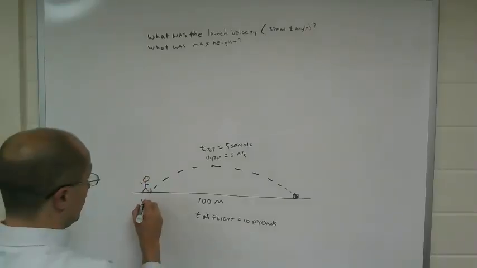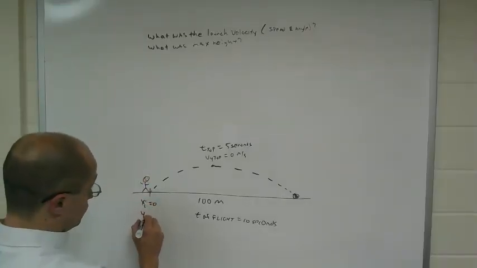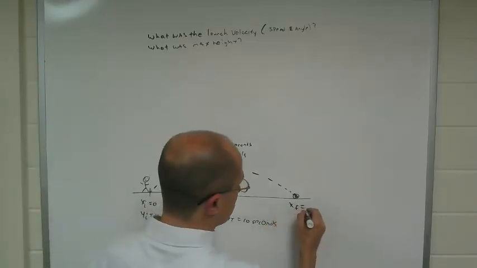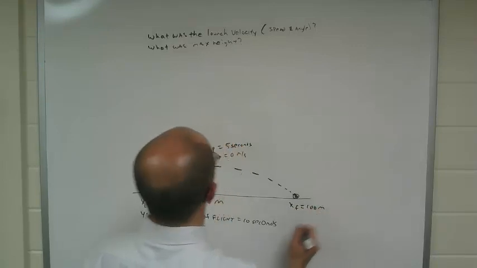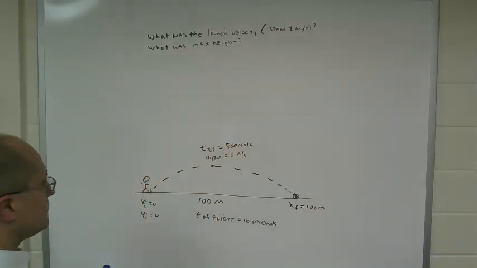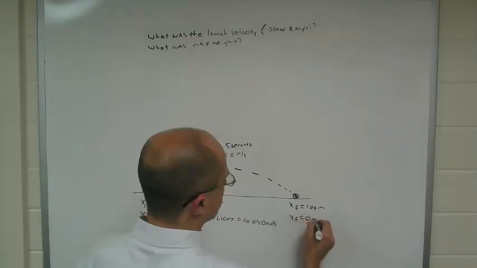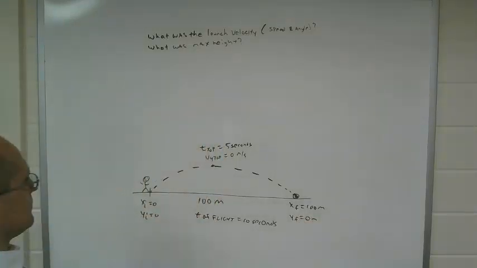We know that x initial equals 0 and y initial equals 0. We know that x final is equal to 100 meters, and y final equals 0 meters as well. It lands back on the ground. So what can we do with all this information?